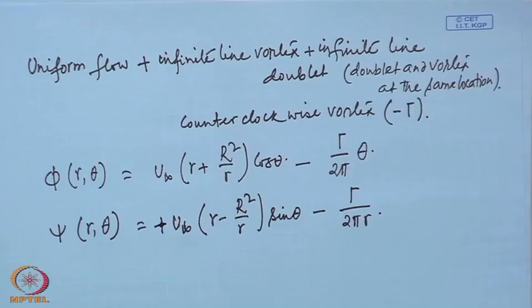What are the velocity components? See, a point doublet gives only tangential velocity, it gives circular streamline. A point vortex alone also gives only circular streamline and only the tangential component of velocity. So, the radial velocity component remains unchanged, whatever it was.